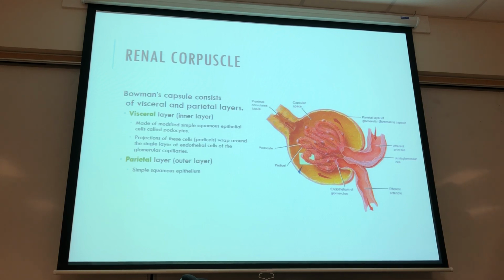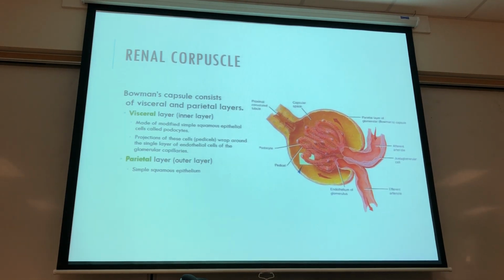So going back, let's now focus specifically on the renal corpuscle. And looking at the capillaries, as we mentioned earlier, let's also look at the capsule surrounding, the Bowman's capsule. So in this glomerular capsule, we do have a double layer.